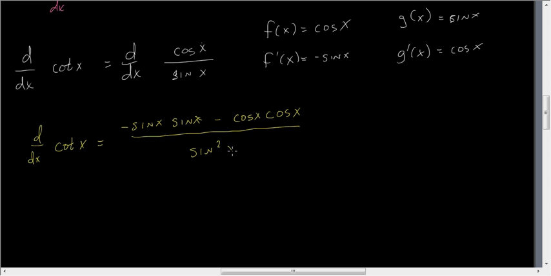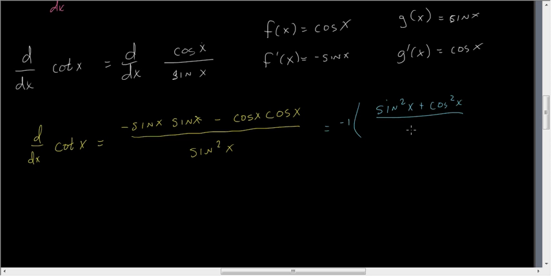Okay, so now this is equal to negative 1 times the top. Now I pulled the negative out of the top, and so this is going to be sine squared x plus cosine squared x all over sine squared x.